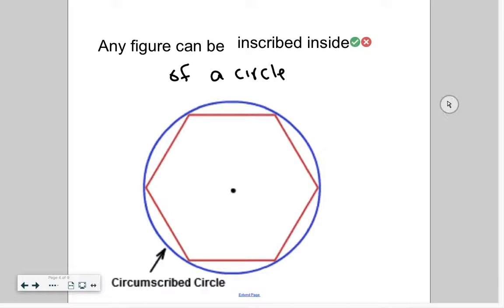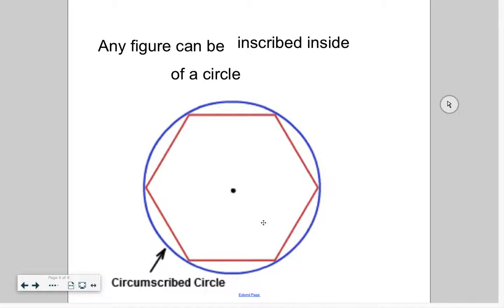If you're looking on page 629, look on that right side beside Essential Understanding. You will see a hexagon, a 6-sided figure inscribed within a circle. So this is what we mean by it's inscribed. I can draw that hexagon inside of a circle. I can draw a square inside of a circle, a triangle inside of a circle, so on and so forth.